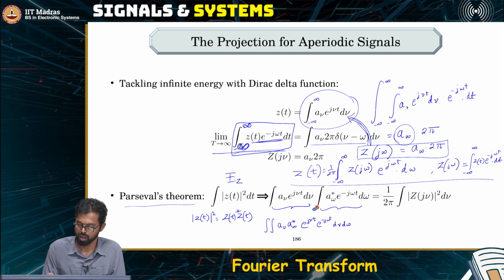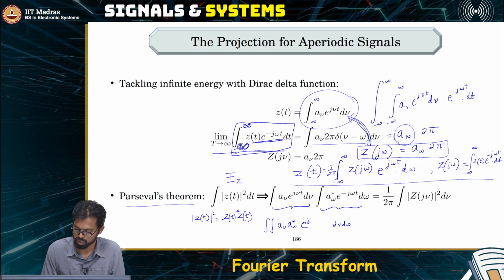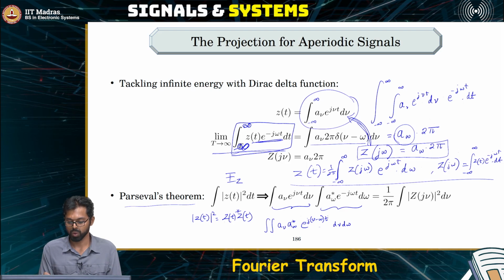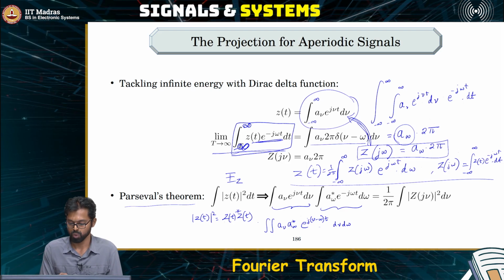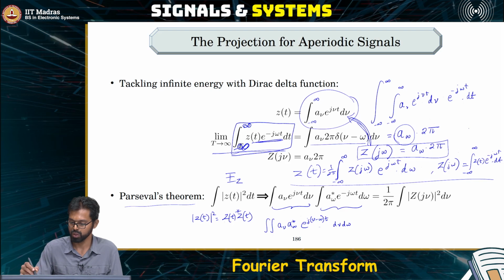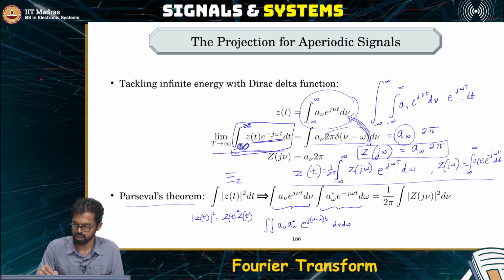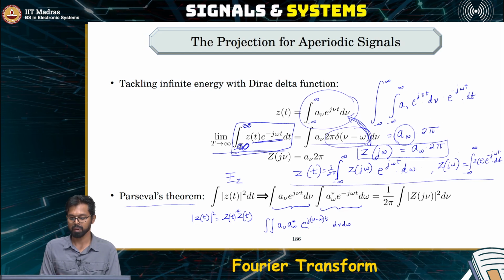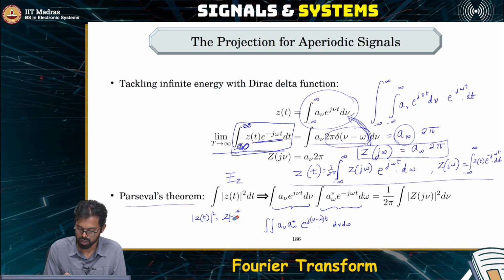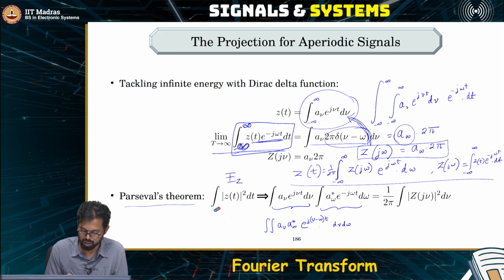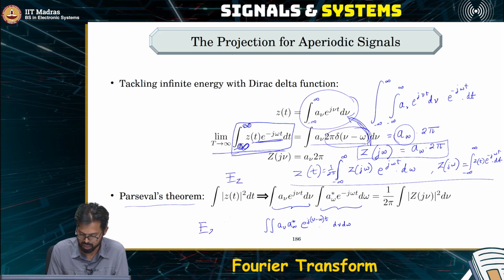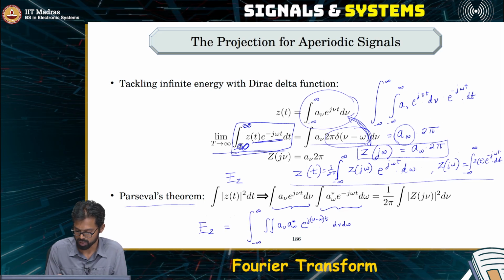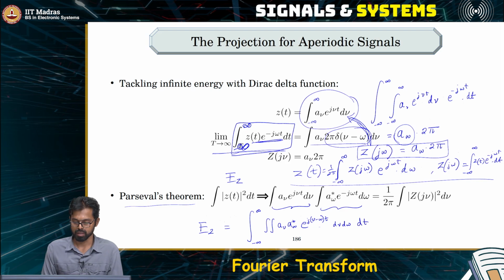Now you can write this as e power, right. Now we can do one integral first. We can use whatever we did here. How did we get this Dirac delta? Because we were integrating this, right? So the computation of the energy is now equal to the integral of this from minus infinity to infinity dt.